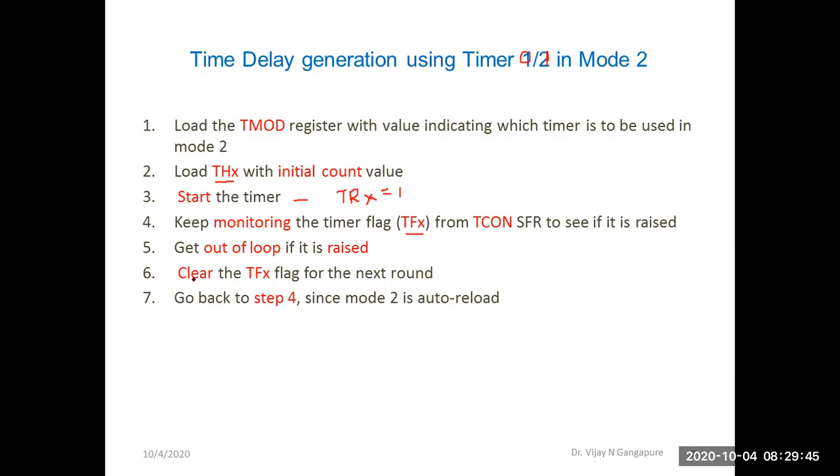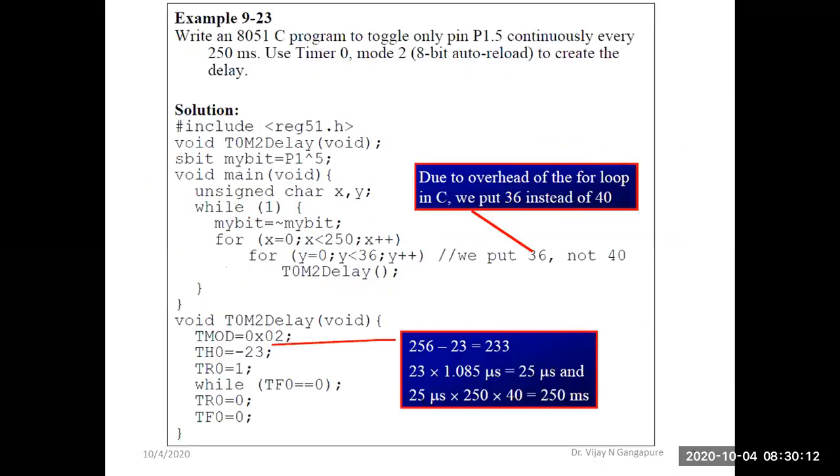Then we have to clear the TFx flag bit for the next round and go to step 4, that is, keep monitoring the timer flag, because this mode 2 is auto reload, which means we don't need to reload TLx, it automatically gets loaded from THx. So these are the steps involved in generating time delay in mode 2 by using timer 0 and timer 1 of 8051.